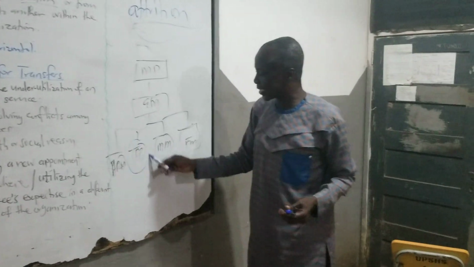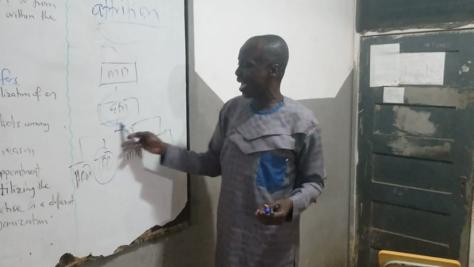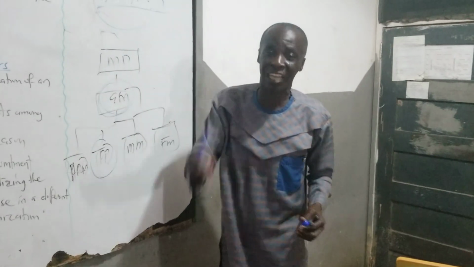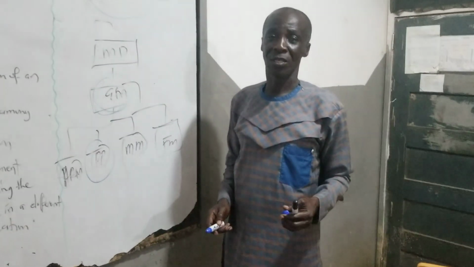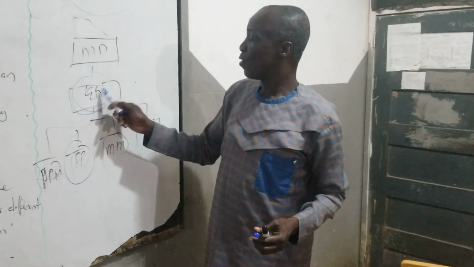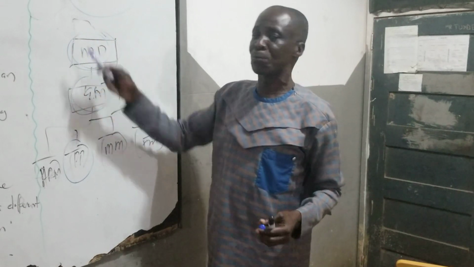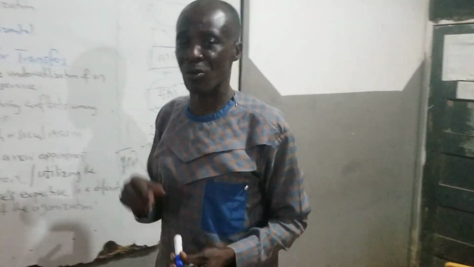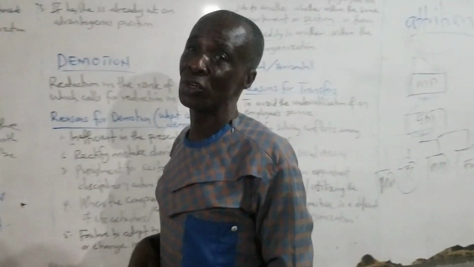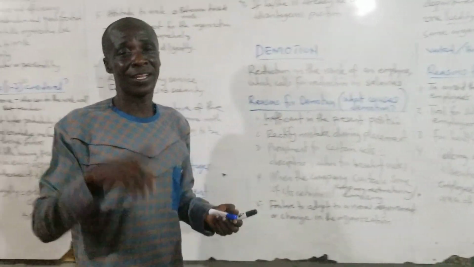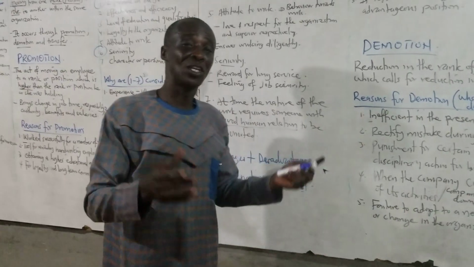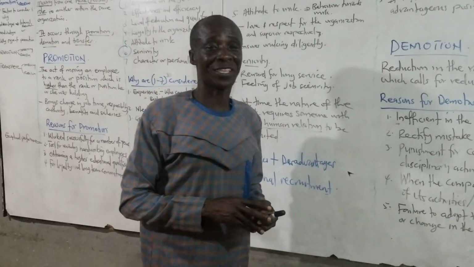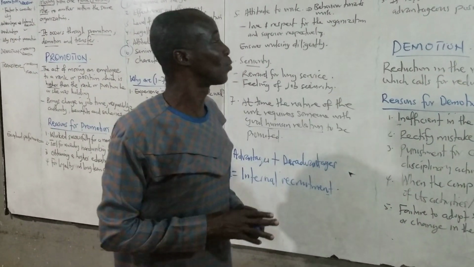So if this person doesn't have confidence that he can work as a general manager, he will reject that promotion. There are some people who do not have the confidence that they will be able to do well in that position, so they will certainly not accept it. So that is very simple, straightforward.